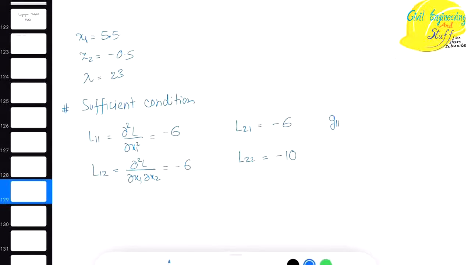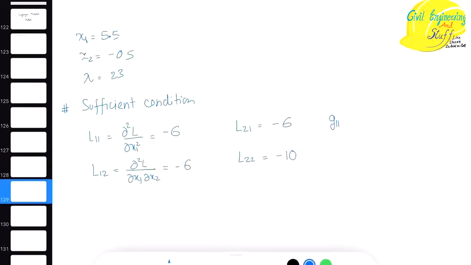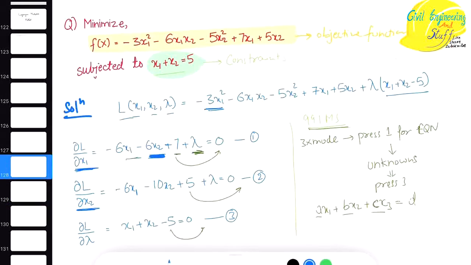For g11, it means that the equation has to be differentiated with respect to x1. Our g was x1 plus x2 minus 5.